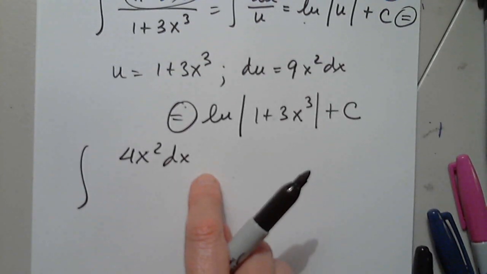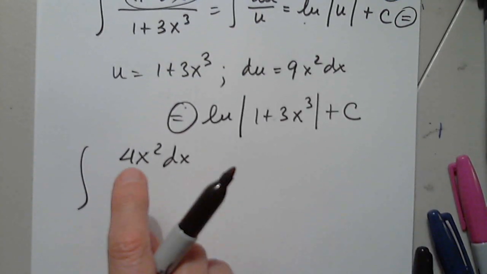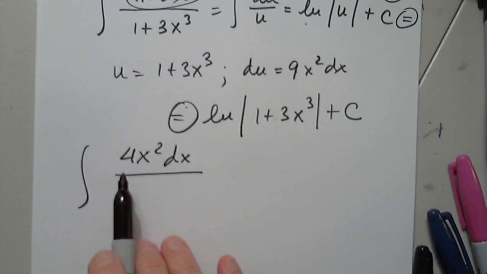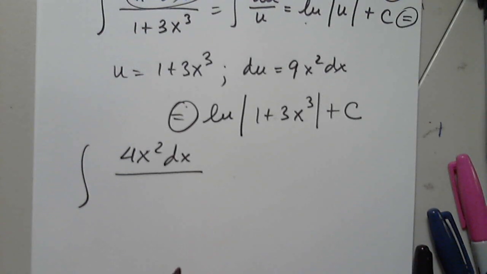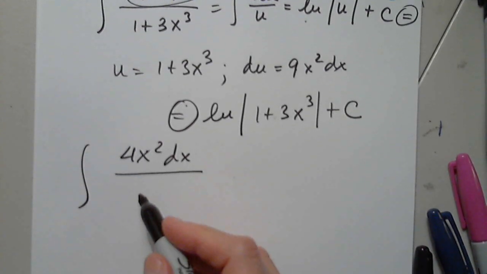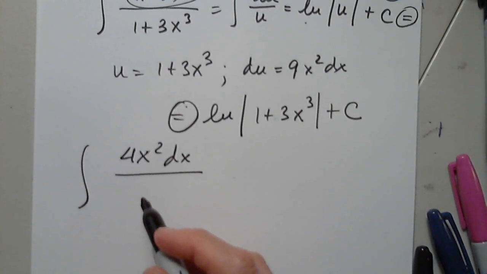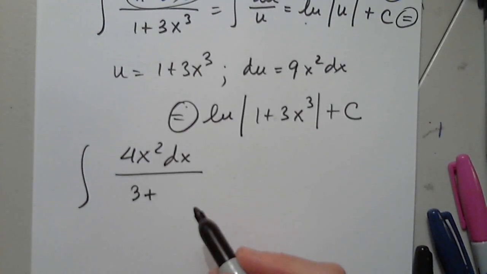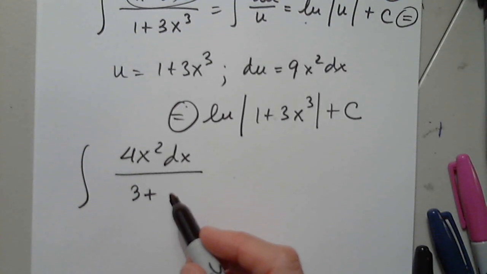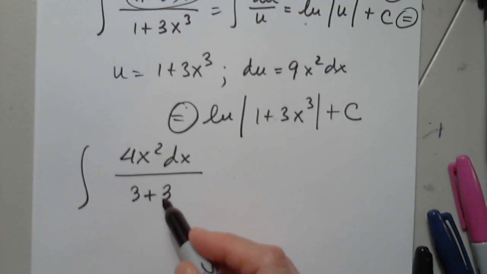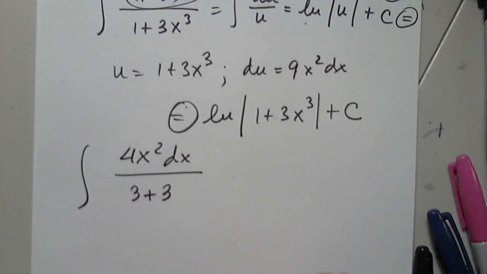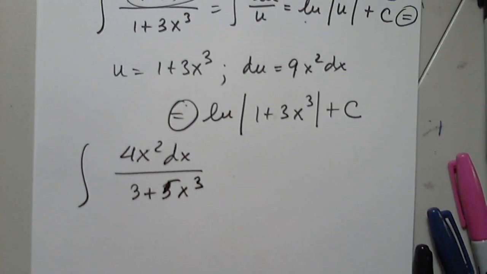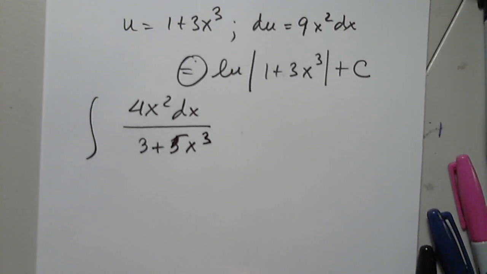Not 4x squared of dx, it's a product, 4x squared multiplied by dx. You don't have to say that, you just say 4x squared dx. Perfect. Over, let's say 3 plus 3. No, sorry. Let's say 5x to the third. Or 3x to the third, let me try that. It doesn't matter.